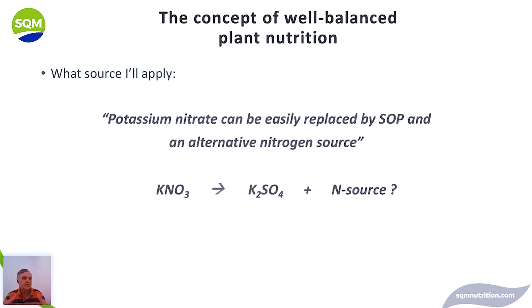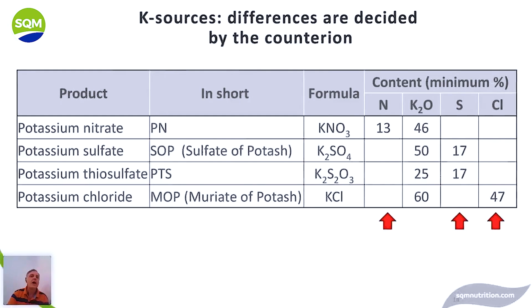We can reach this same balance if I mix potassium sulfate with some urea or ammonium sulfate or any other source of nitrogen. Then if I mix potassium sulfate with some nitrogen source, I can apply the same amount of nutrients as if I'm using potassium nitrate. The amount of nutrients applied will be the same, and from the chemical point of view, the result for the plant will be the same. This is what we will discuss now in this presentation.